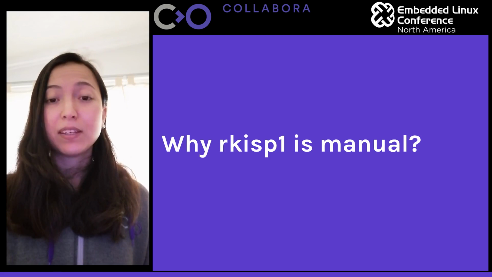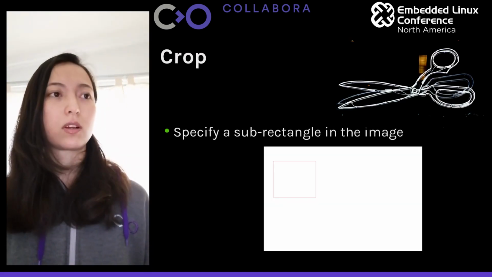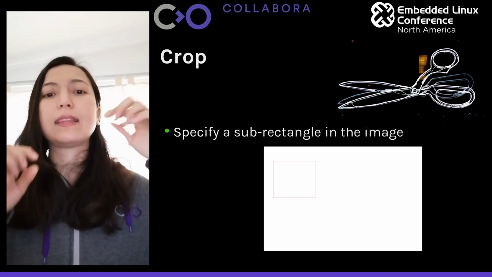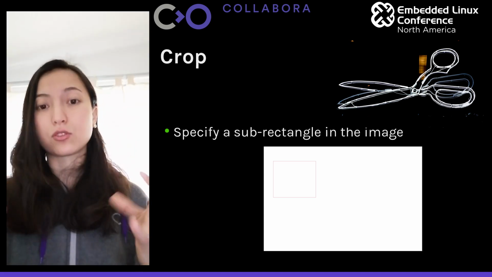Why is the RK ISP manual? To answer this, I want to talk a little bit about crop. So how do you crop the image? You just select a subrectangle in the main image, the sub-image that you are interested in.